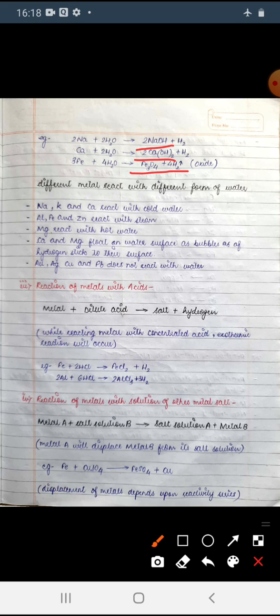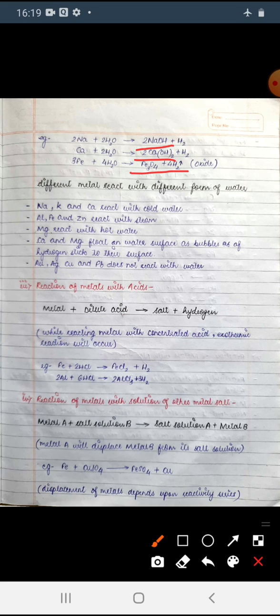We have seen that in some reactions CO2 is released, and when we check it, a pop sound is there. In such a manner here, bubbles of hydrogen get stuck to the surface of the vessel, while calcium and magnesium are floating on the surface of water.